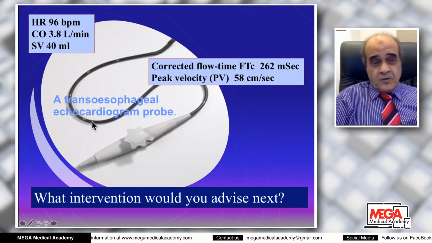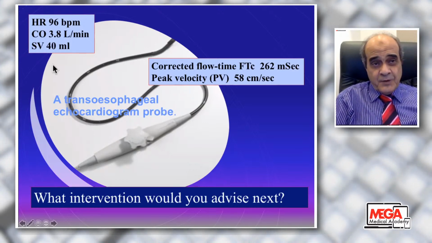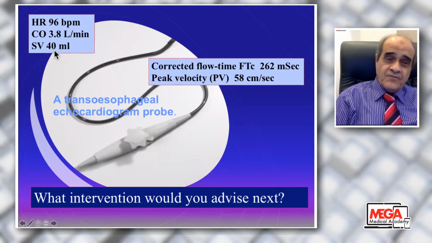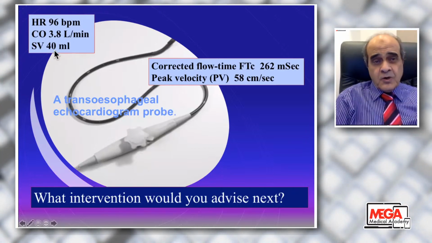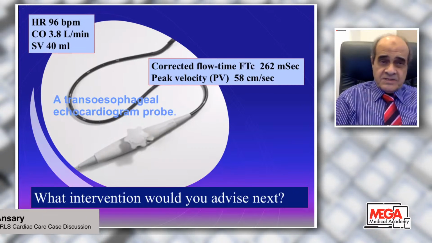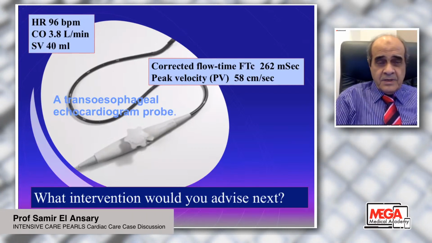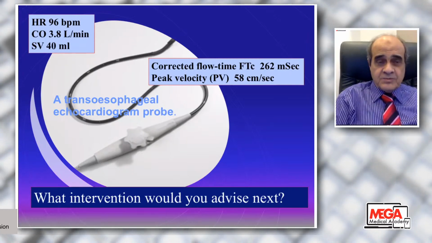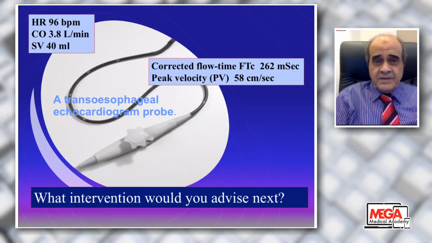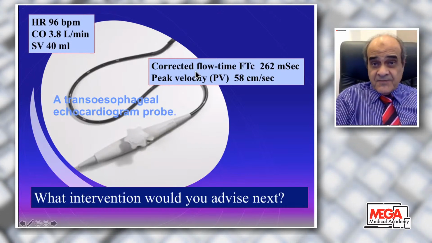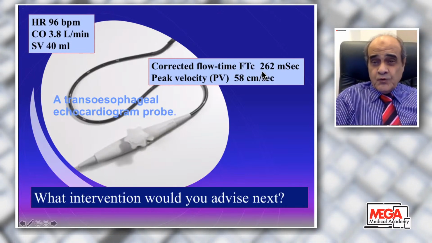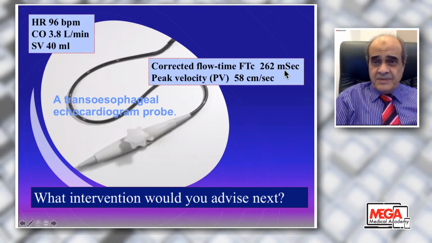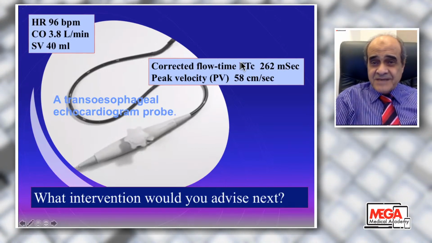Of course, from the clinical evaluation, the patient is tachycardic, with low cardiac output and low stroke volume. Low cardiac output has many causes, maybe hypovolemia, maybe it needs inotropic drugs, maybe hemorrhage, maybe cardiac tamponade, and so on. But the corrected flow time here is low, 262 milliseconds, and this reflects the hypovolemia.